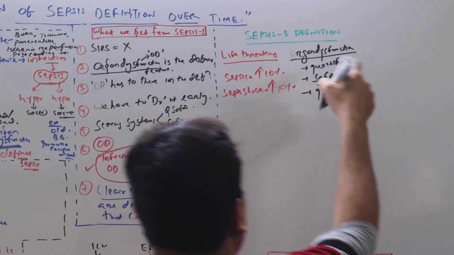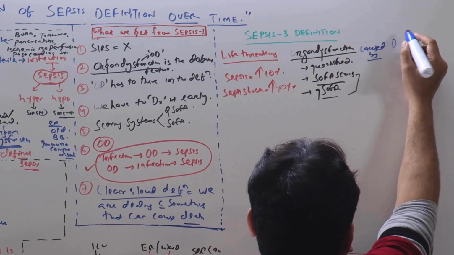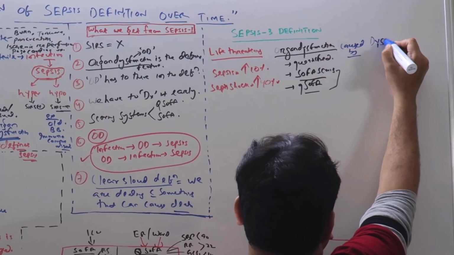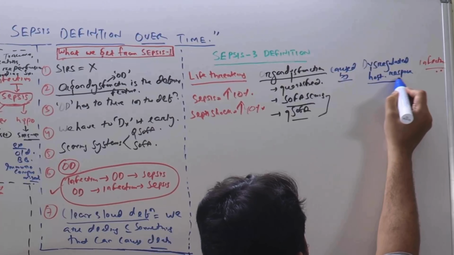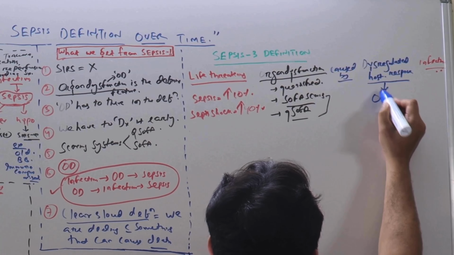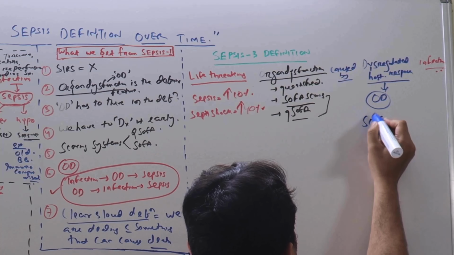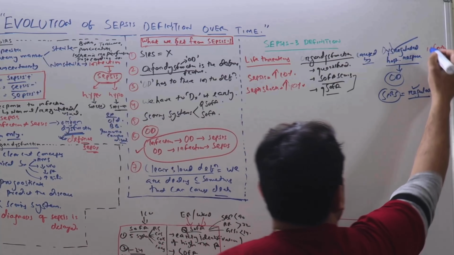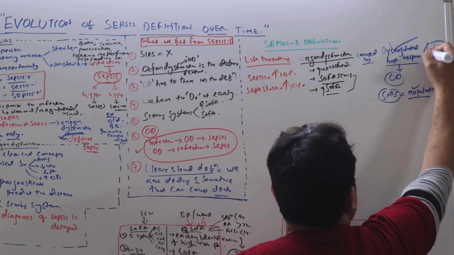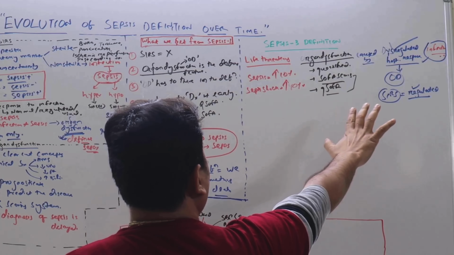So: life-threatening organ dysfunction caused by a dysregulated host response to infection. This dysregulated host response is the organ dysfunction, because the regulated host response is SIRS. SIRS is regulated, normal, and infection is the core of our sepsis definition. It has to be there, right?